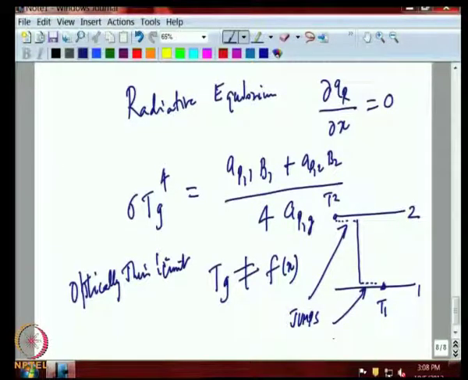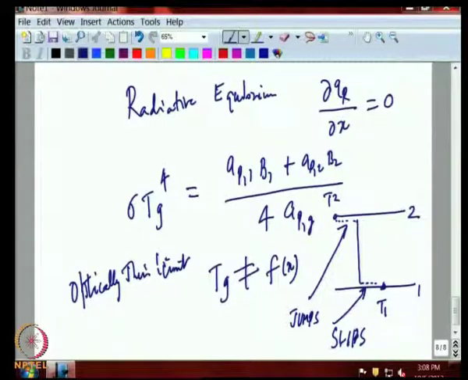These jumps are called slips. So, what it says is that in the optically thin limit, the gas has a single temperature invariant with distance x, but at both the boundaries there is a change in temperature, that is the temperature of the gas at the boundary is not same as the wall temperature.